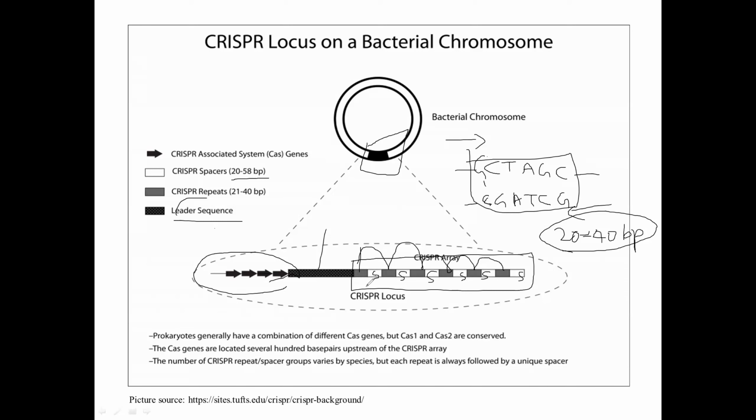CRISPR is nothing but clustered. It's all clustered in one place, right? Clustered, regularly interspaced, short palindromic repeats. So you have palindromic repeats which are interspaced, and they're all clustered in a part of the bacterial chromosome. That's why clustered, regularly interspaced, short palindromic repeats.